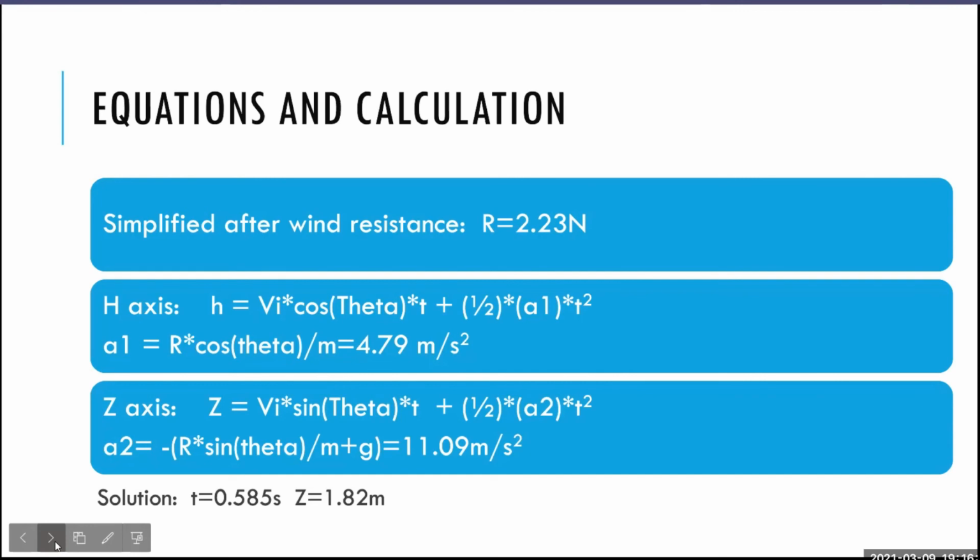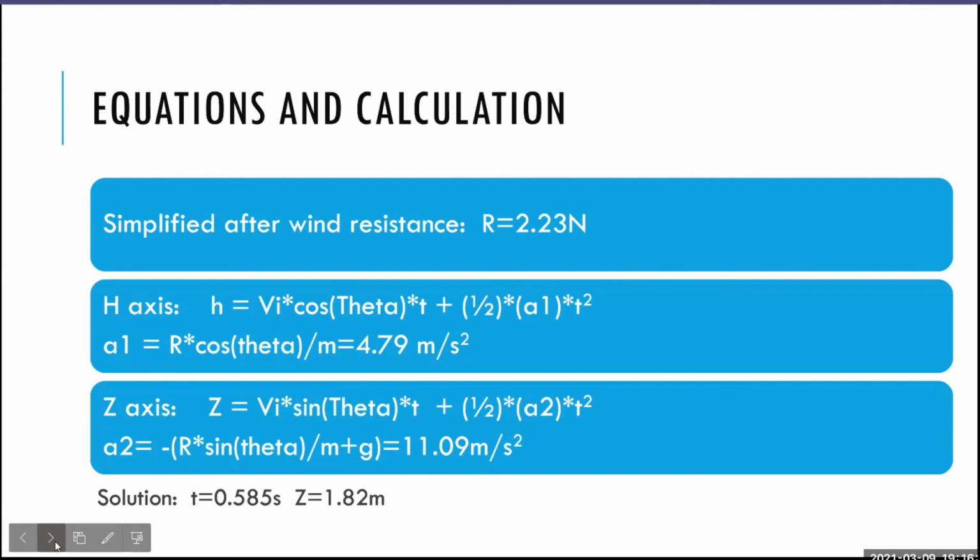And we know acceleration 1 along the h-axis equals r times cosine theta over m, which equals 5.779, and acceleration 2 along the z-axis equals minus r times sine theta over m plus g.